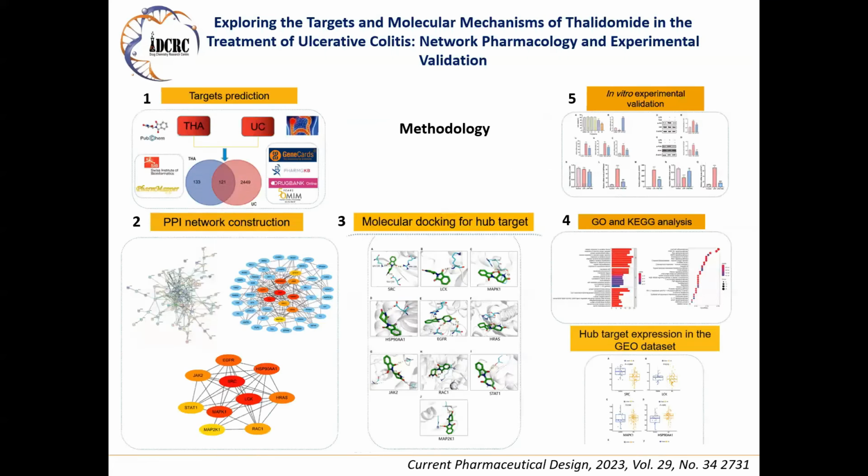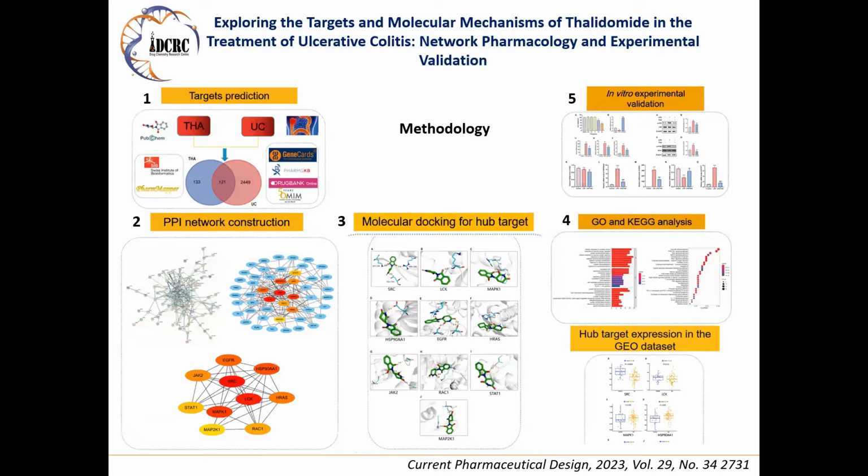Now this drug, thalidomide, is also studied for the treatment of ulcerative colitis in a recent study, and this study is experimentally validated too. What they did was take thalidomide and ulcerative colitis.